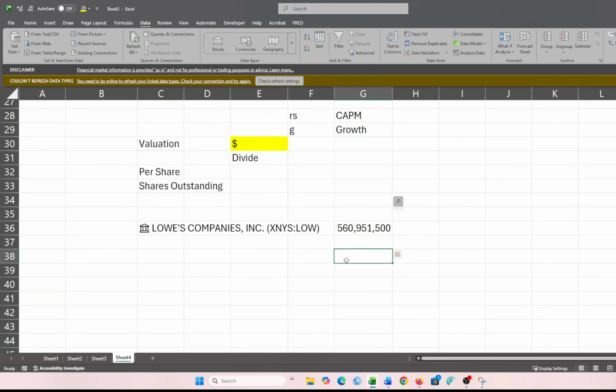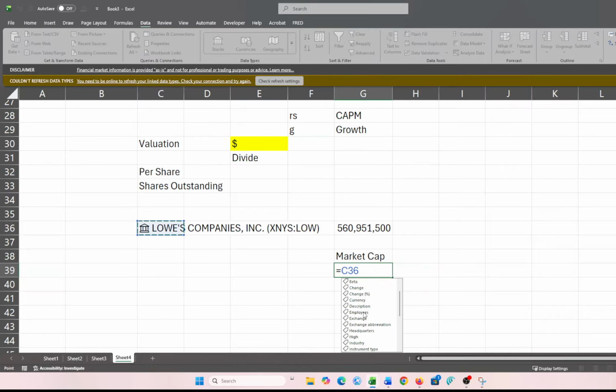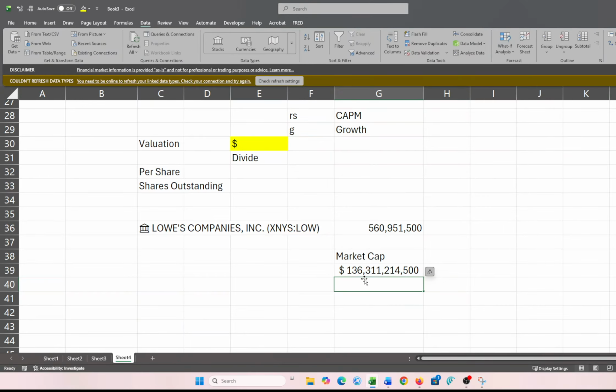Market cap is the total valuation of this company. I'm going to type equals, select this cell, and look for market capitalization. There's market cap. Hit enter, and there we go: $136 billion for Lowe's Home Improvement. That's the market cap for it.